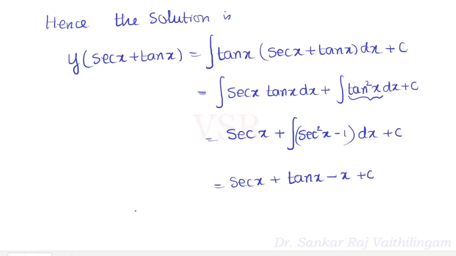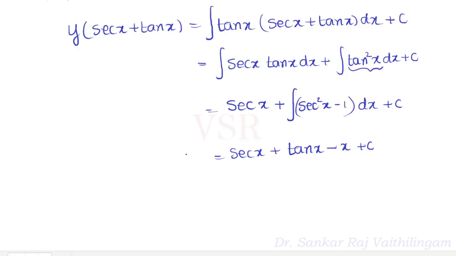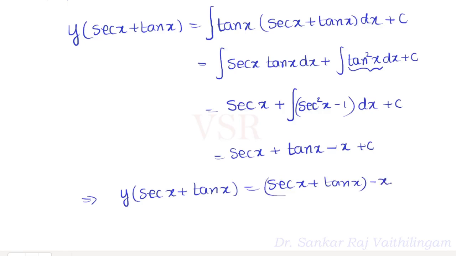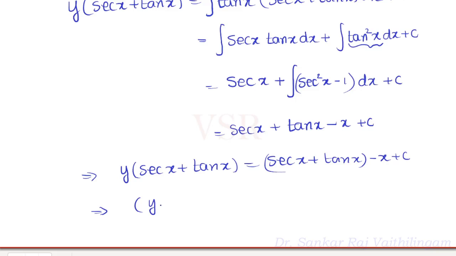So what we are having is this implies that y into secant x plus tan x, which is equal to secant x plus tan x minus x plus c. அப்போ இதை இங்க கொண்டு வந்துட்டீங்கன்னா I may write this implies that y minus 1 times secant x plus tan x, which is equal to c minus x.